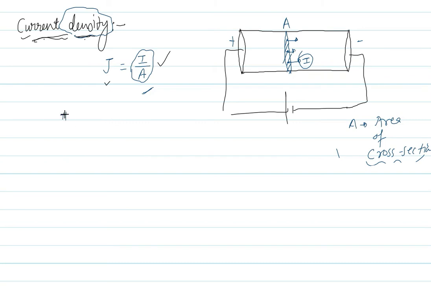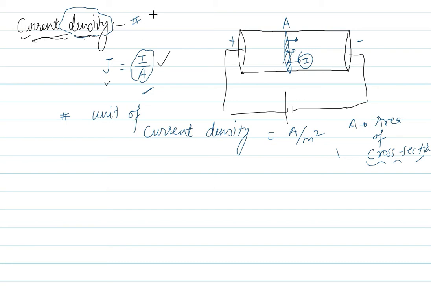And now from this current density term, we can say that the unit of current density is what? Ampere per meter square, right? And let me mention also the definition.